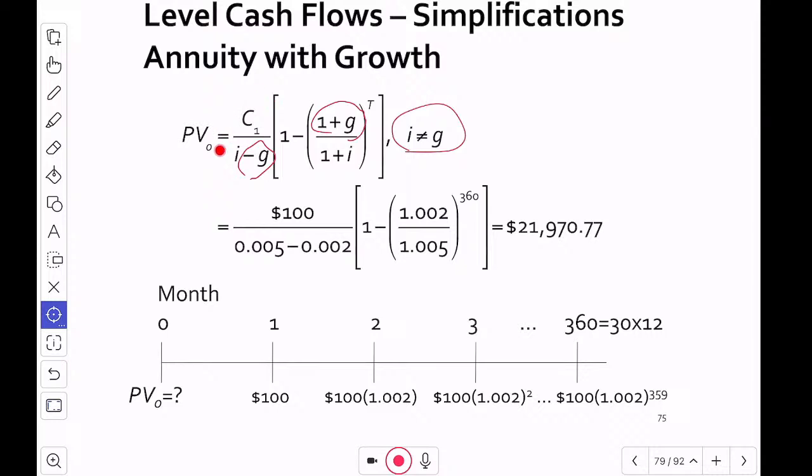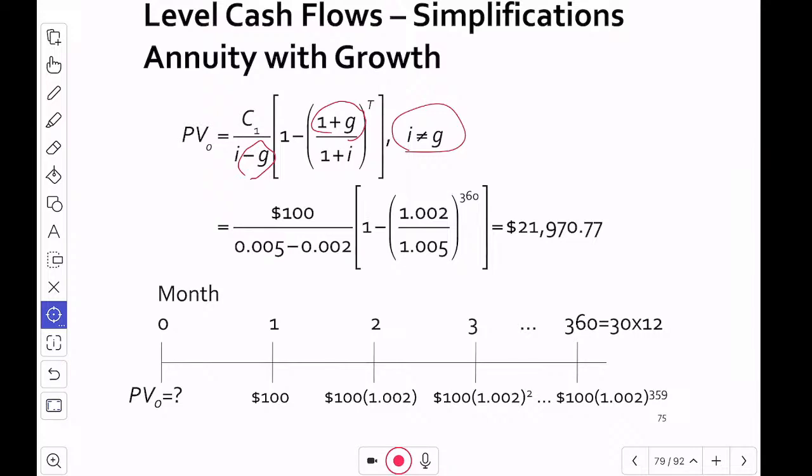We start with the growing perpetuity formula, and then we make our adjustment to make it an annuity. This adjustment is different for growth, where you have this extra term. Now, all the calculations prior to this were to prove where this formula comes from.